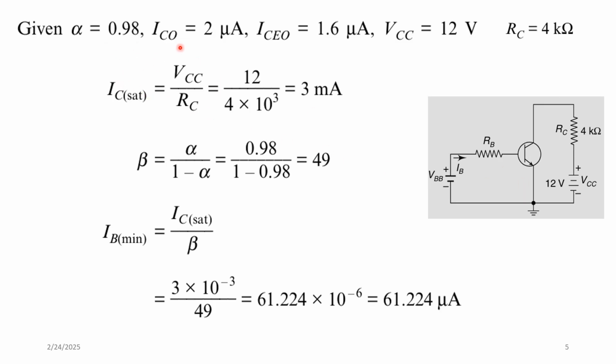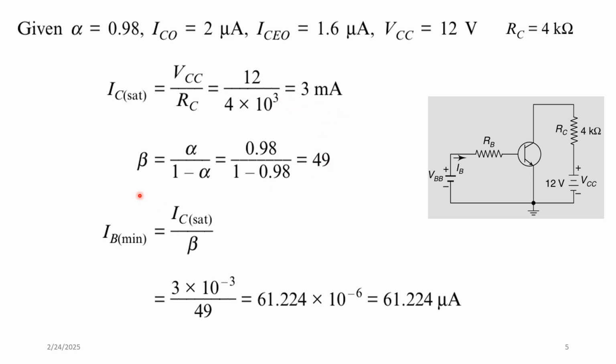Now these are the given data. The first step is to find IC saturation, which is VCC divided by RC. Substituting 12 volt divided by 4 kilo ohm, which is 4 into 10 power 3, the answer is 3 milliamps.